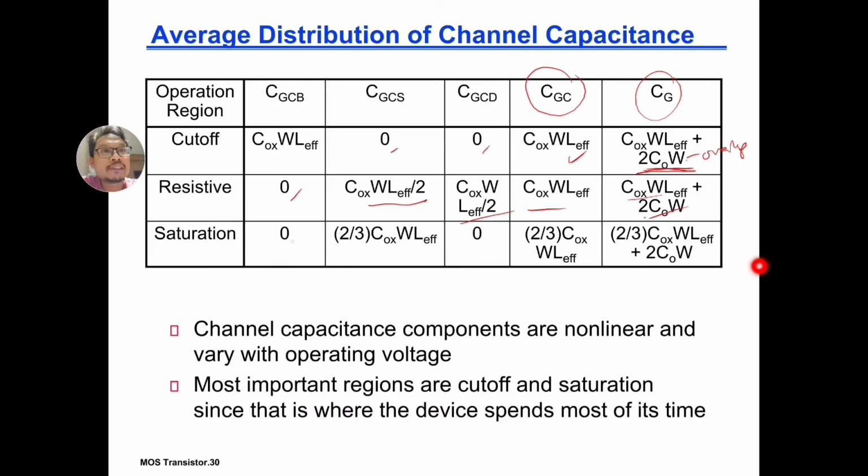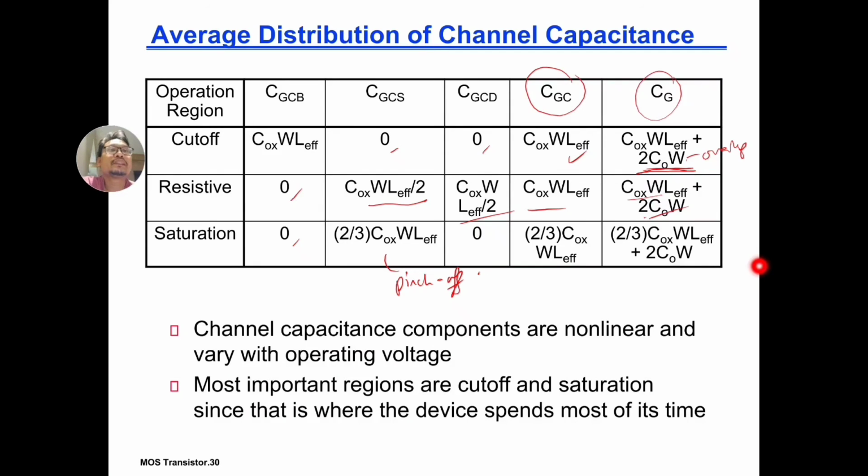Okay, let's look at saturation. Again, you have current flow during the saturation mode, and therefore your gate to bulk is 0. And now remember we have the pinch-off condition.